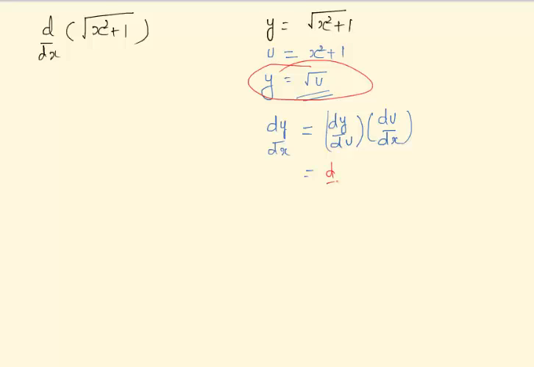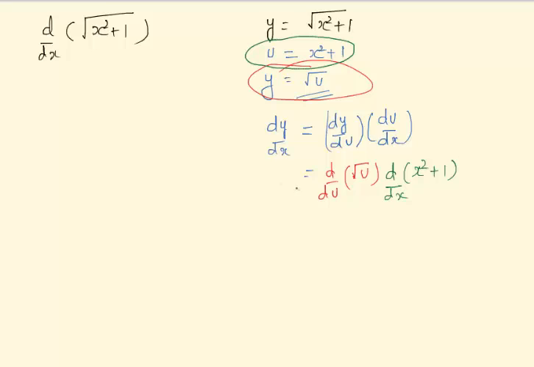Dy by du will be d by du of root u, then du by dx. So you have to substitute u in terms of x, which you can see is here. So you can put substitution d by dx of u. U is x square plus 1, and that will do.